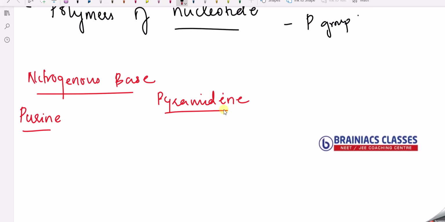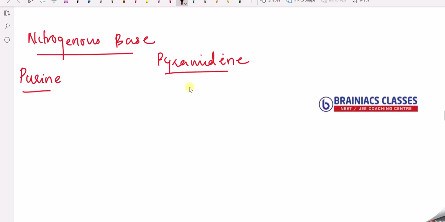Pyrimidine has a pyrimidine ring, which is a 4 carbon plus 2 nitrogen ring, that is called a pyrimidine ring, right?